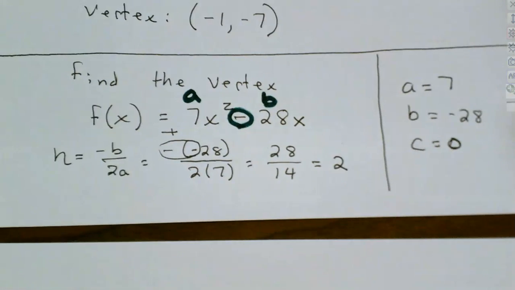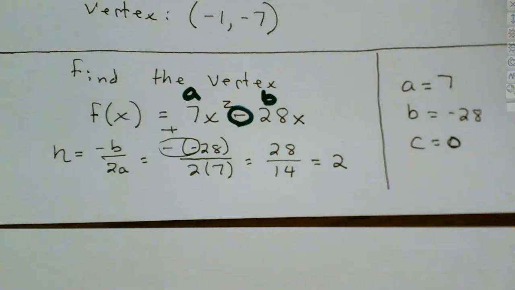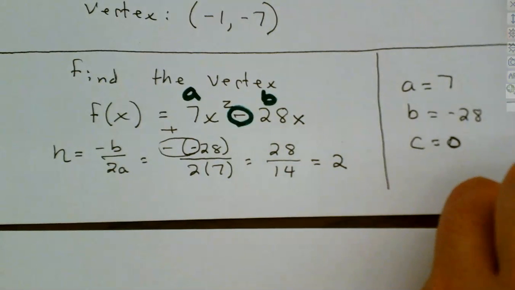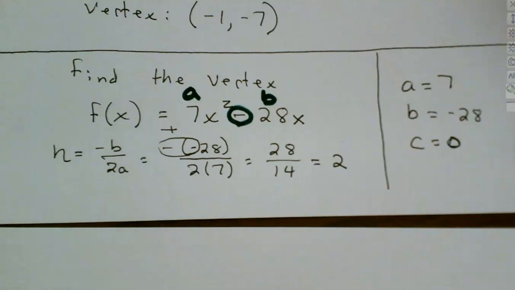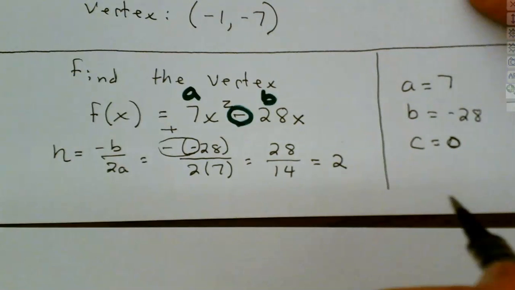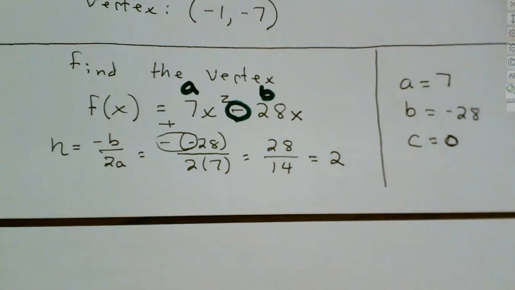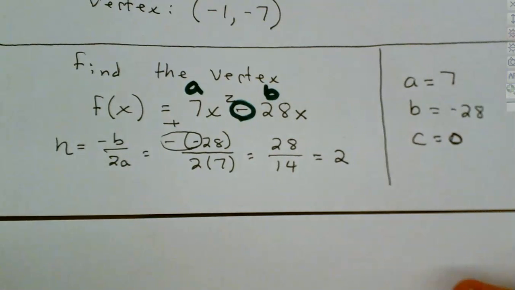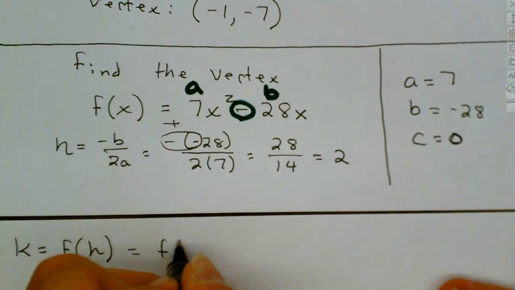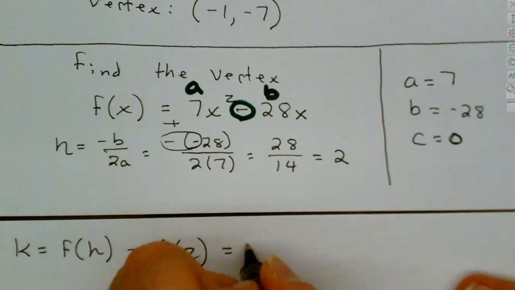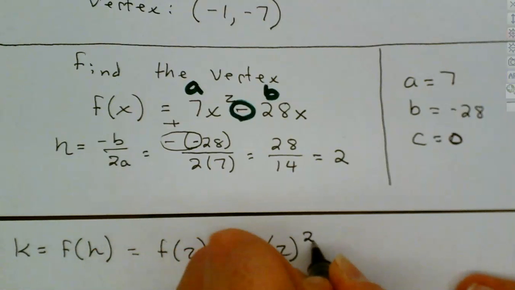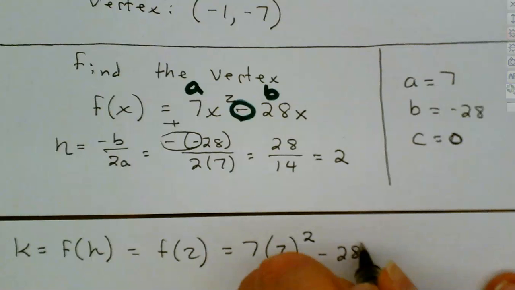Okay, that's half of the vertex. How do we find the other half? We just take it and we just simply plug it in, don't we? So we're going to plug in that 2 that we just found, and that's going to give us our k value. So k is f of h, and that's f of 2, which is then 7 times 2 squared, minus 28 times 2.